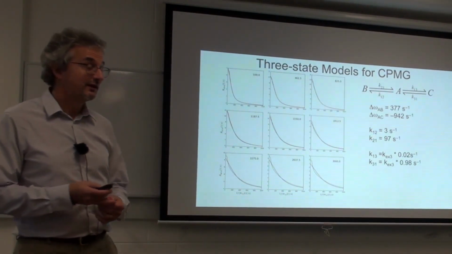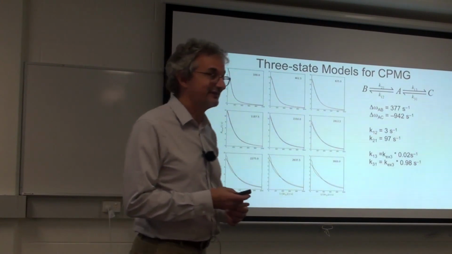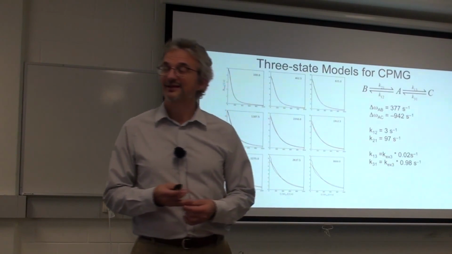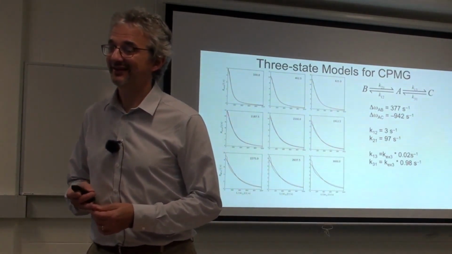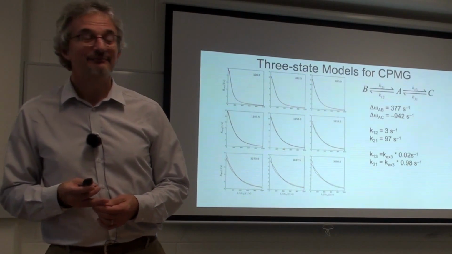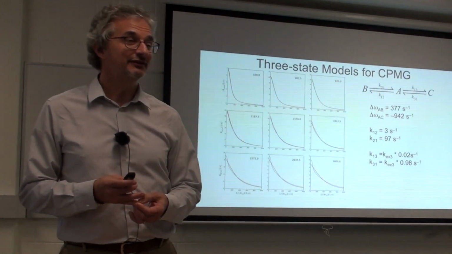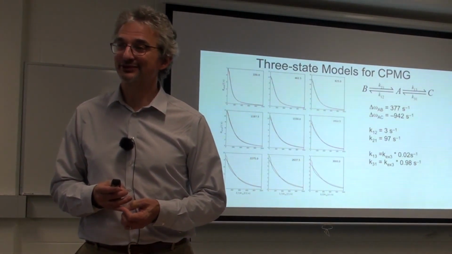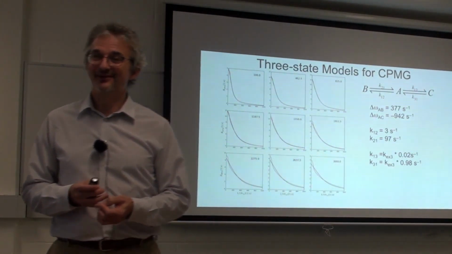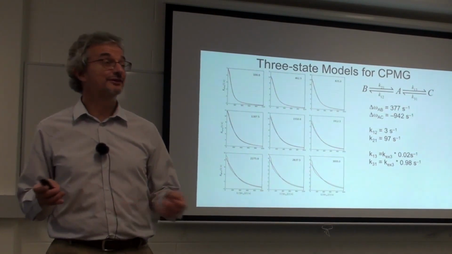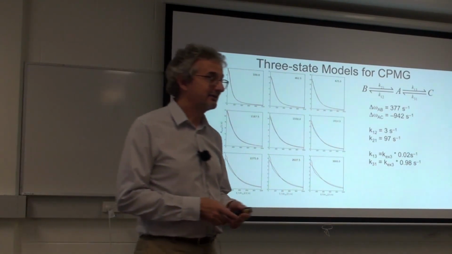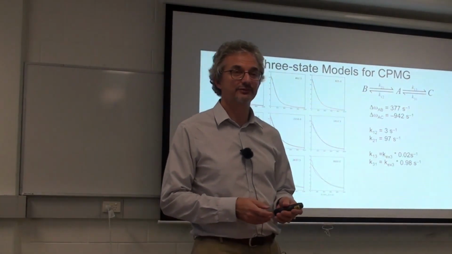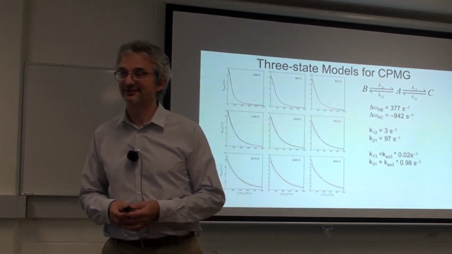And one of the major uses of these experiments is to try to learn something structural about the unobservable minor state. We want to do that by estimating structure from the chemical shift, but we then have to know what the chemical shift is. We have to know whether the chemical shift in fact is upfield or downfield. So a drawback to the CPMG experiments is the lack of sensitivity to the absolute sign of the chemical shift difference.